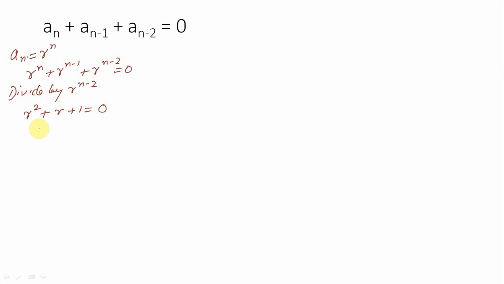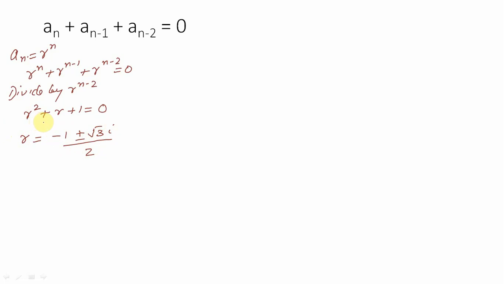Now, when you try to solve this equation, you get the roots as R is equal to minus 1 plus minus root 3 i divided by 2. Solve it just like you solve any other quadratic equation.